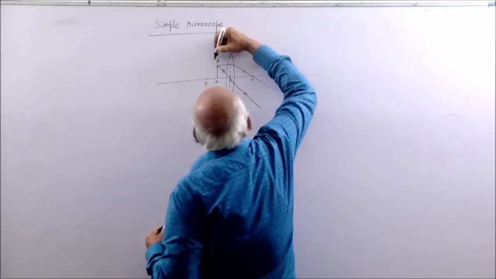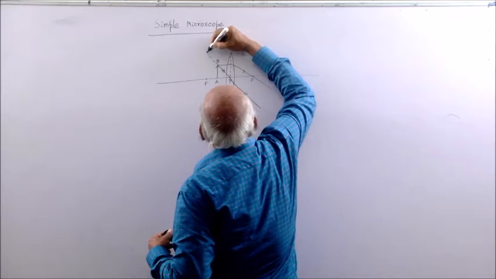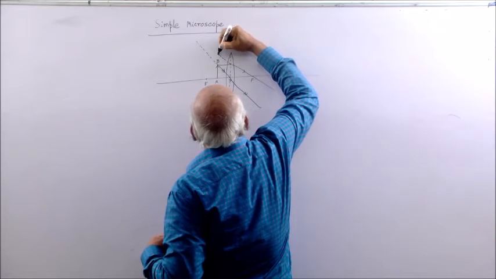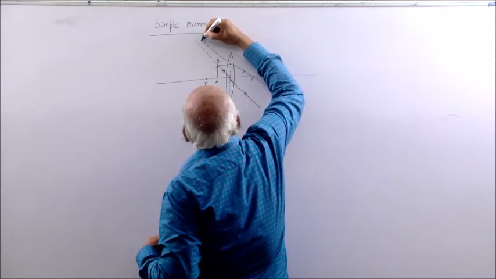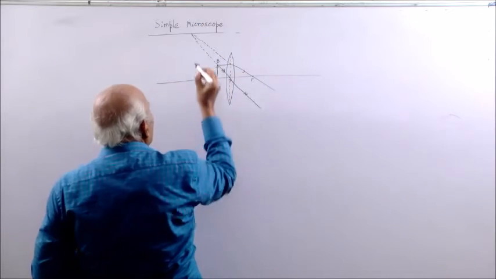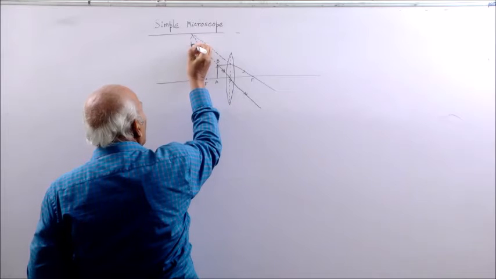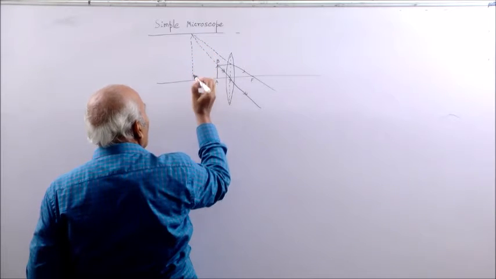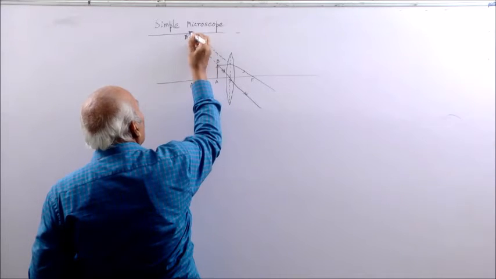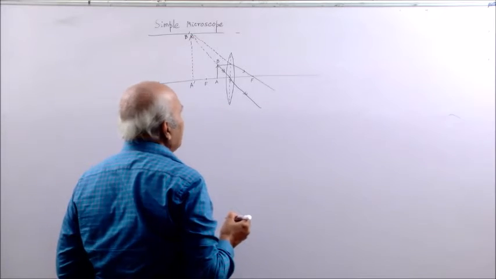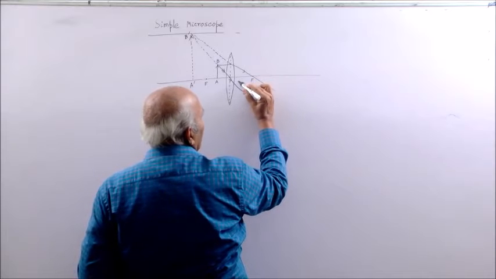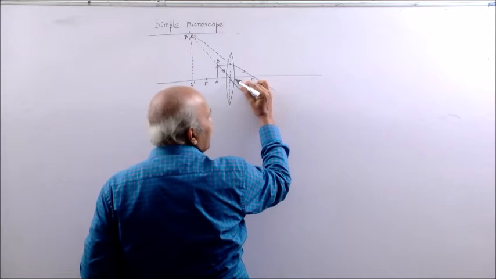So, if you produce them backwards, suppose they appear to meet here, and you will have a virtual magnified image A dash B dash. So, A dash B dash is the virtual magnified image, and you can keep your eye close to the lens.